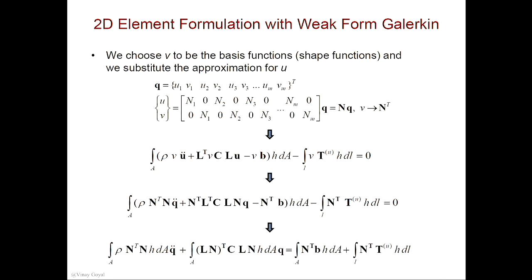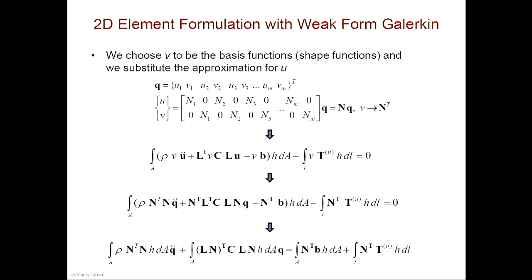I'll shift them to the right places, so that when I multiply this row times this column, only U1, U2, U3 are active for the first equation. So that's my approximation function for U, interpolated with the shape functions N1, N2, and so forth, with the nodal unknown quantities U1, U2, U3, and so forth. And the same for V.